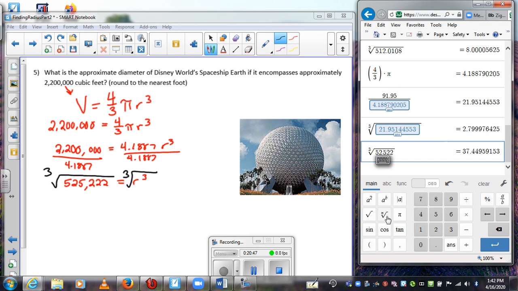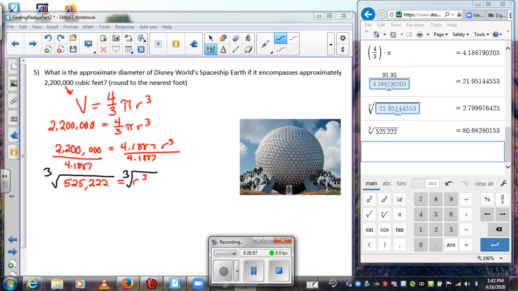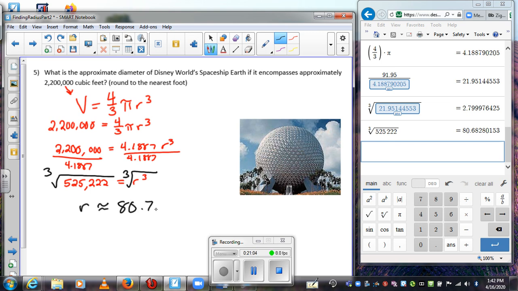I know that's not the correct answer, so let me go back and fix this. There we go. Sorry for the delay. So r is approximately 80.7. It did ask for diameter, so I'm going to have to double it. So diameter is equal to 161.4, and these would be feet. And there you go.